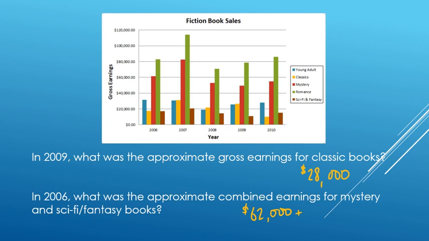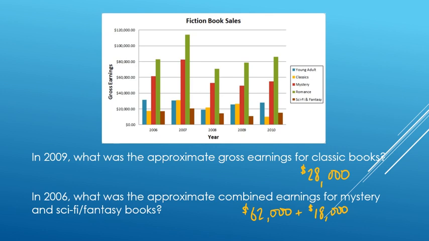And now we need the estimate for the sci-fi and fantasy. It's not quite at the $20,000 mark yet, but it is just a little bit underneath that. Again, allowing a little bit of leeway here, I'd say just by looking at it, somewhere about 17, 18,000. We'll say 18,000 there.